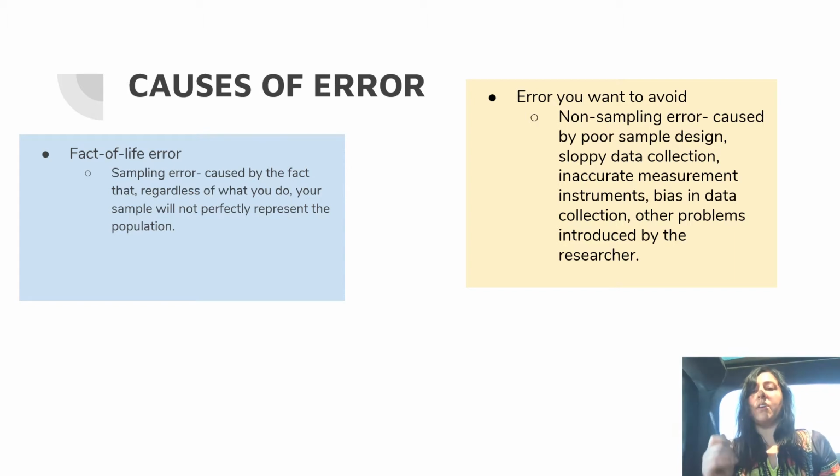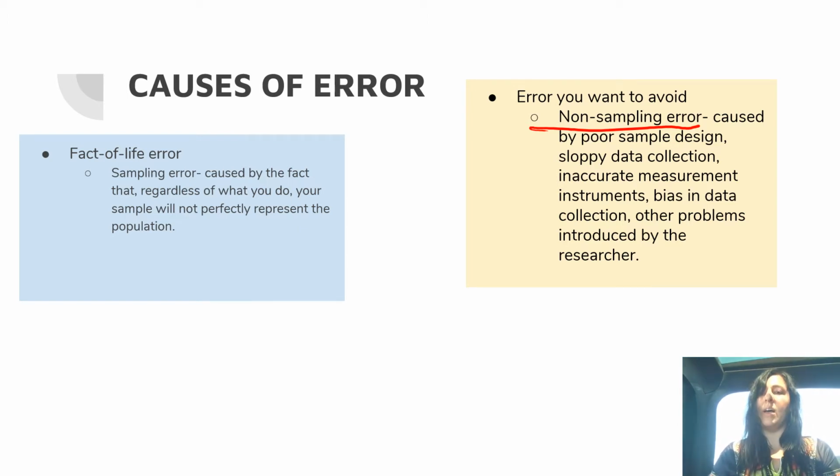However, the non-sampling error, this is because you did some things wrong. These are things you want to avoid and which you can avoid. So this is just caused by poor sampling design, sloppy data collection, inaccurate measurements, instruments, bias in data collection. We all have biases.